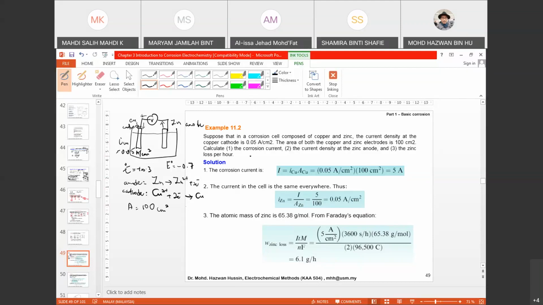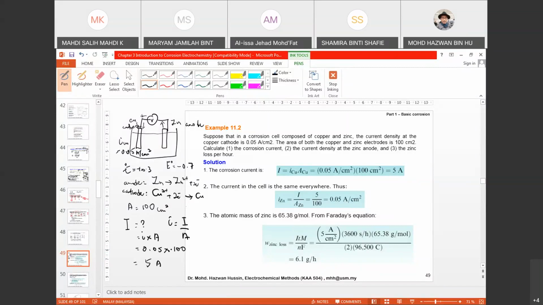The first question is what will be the corrosion current? If you recall what I've told you, current density is equal to current over area. If you want to calculate current, you just rearrange that, and you get current density multiplied by area. Here, the current density is 0.05, multiplied by the area 100, then you will get current equals 5 amperes.